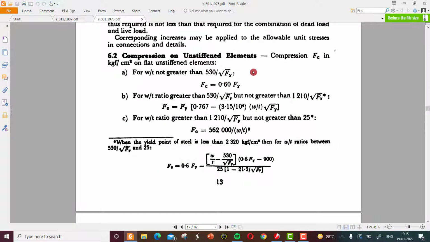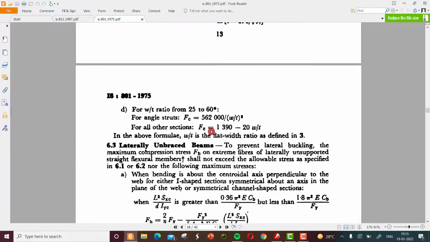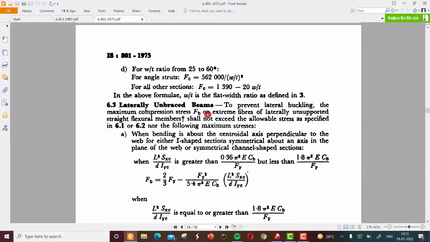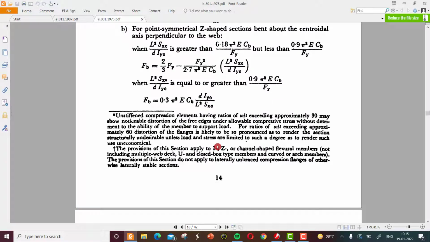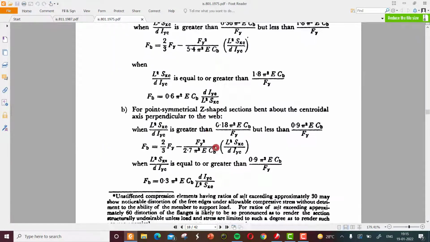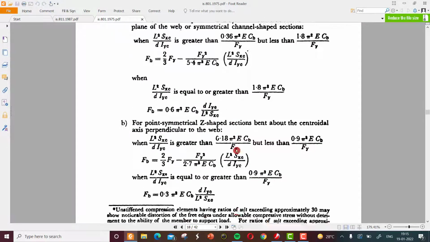And again for compression FC, for flat and stiffened elements there are some values for different W by T ratio, and this is the design for the laterally unbraced beam, which is not in the syllabus. You're just designing for the braced beams.